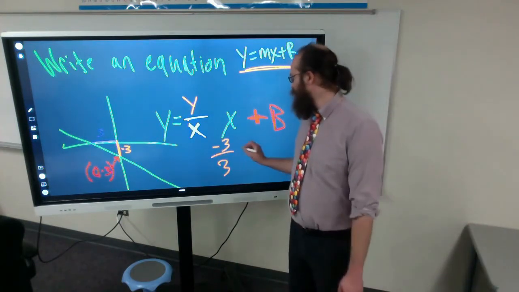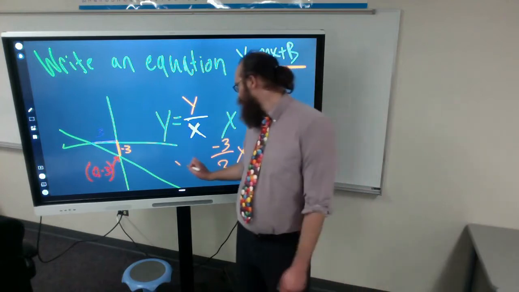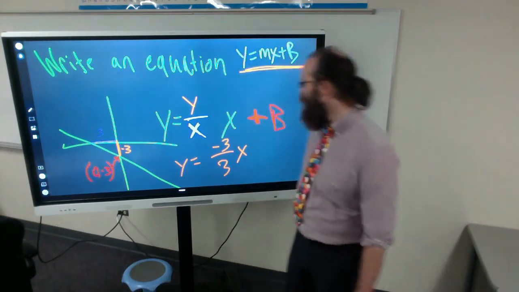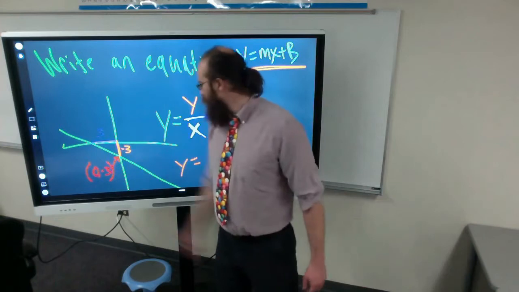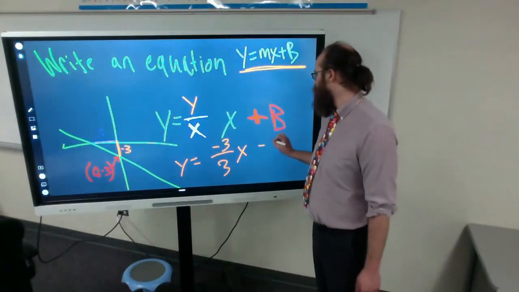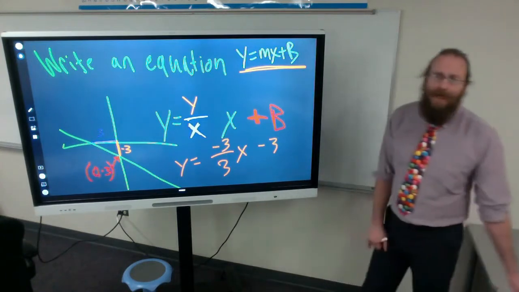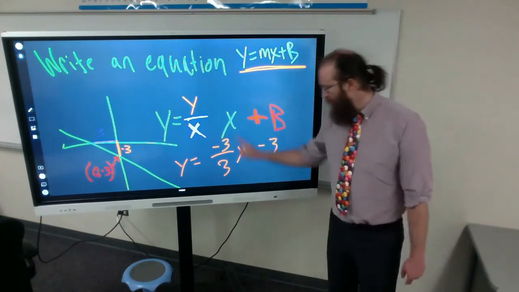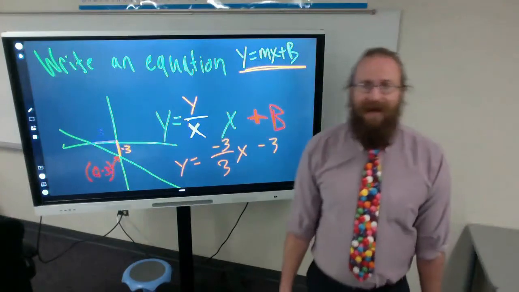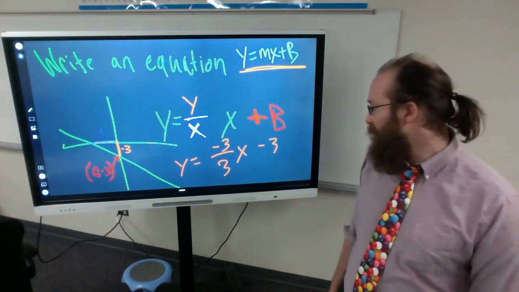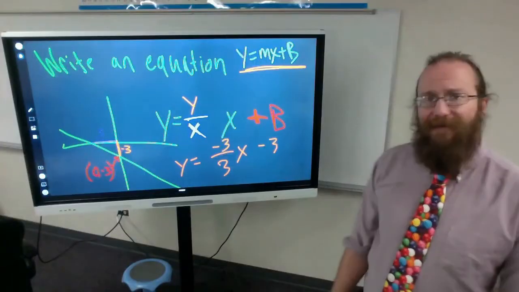And we don't do anything to the x, the y, or the equal sign. And then where do we cross? We cross at -3. So our correct equation should be y equals -3 over 3, x minus 3. Most teachers would like you to reduce that -3 over 3 just to a -x. Hopefully that felt like review.